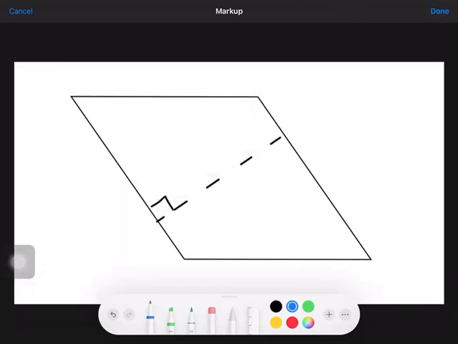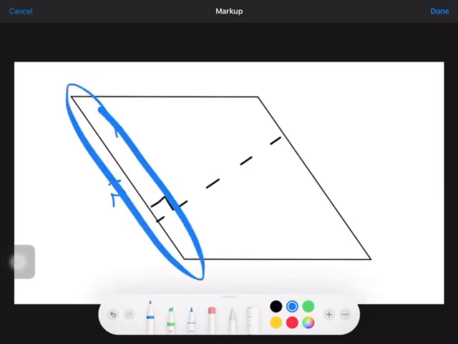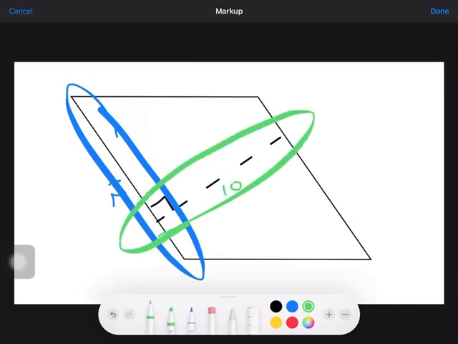As long as I am using this line right here for my base, and as long as I am using this line right here for my height, then I can use those two lines in my formula, because those two lines are perpendicular to each other. As long as I have two lines that form the 90-degree angle for my parallelogram, I can use the parallelogram formula.